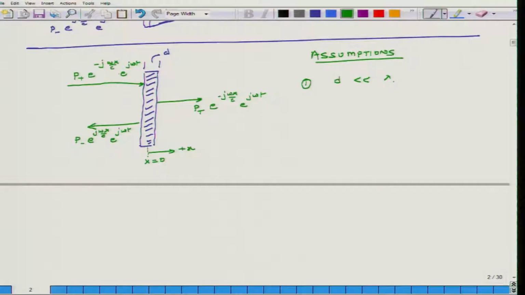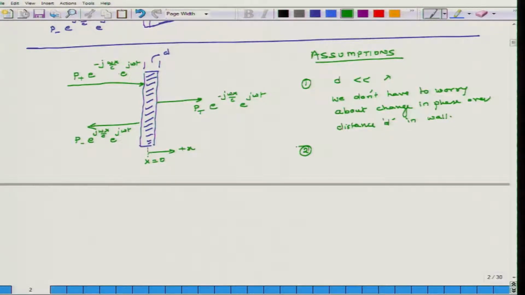So, if d is very small compared to lambda, then we do not have to worry about change in phase over distance d in the wall.